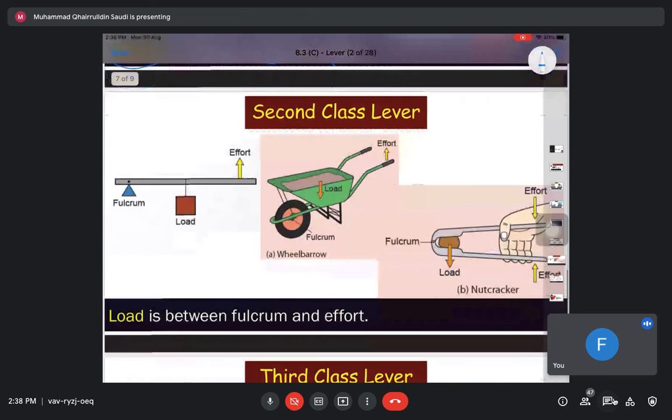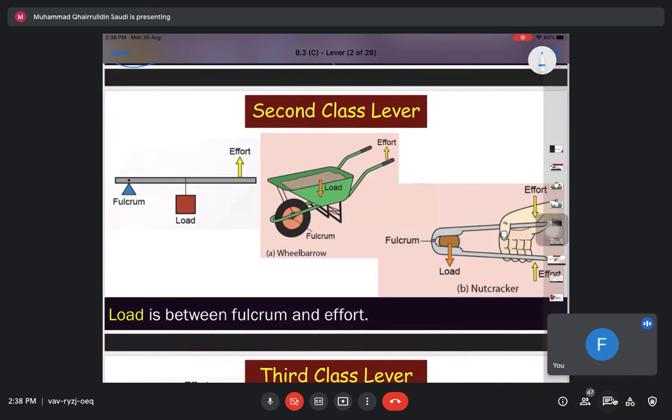Next one, second class lever. Second class lever, what is at the center? Load is between fulcrum and effort. So at the center would be the load. When the load is between the effort and fulcrum, it is the second class lever. So the fulcrum is at the end, the load is at the center. The example would be a wheelbarrow.